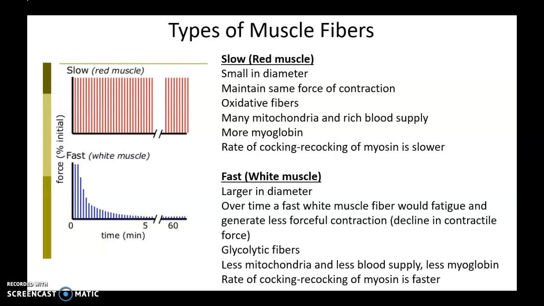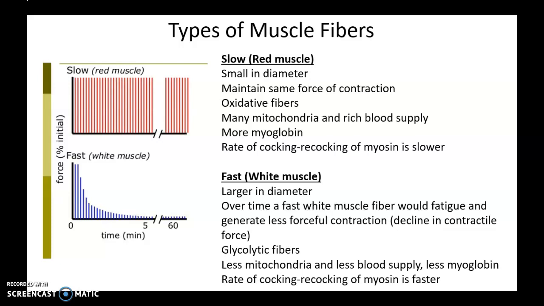In other words, they use oxidative phosphorylation. In order to do this, they must have a continuous supply of oxygen. Don't you agree? Their blood supply is very robust and they also have a high amount of myoglobin, as we mentioned before. Myoglobin is a protein within the muscle cell that can bind and store oxygen.